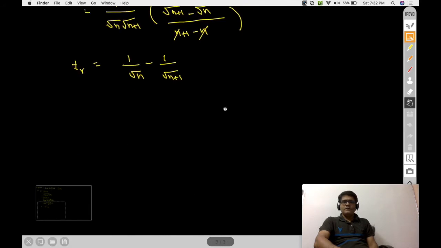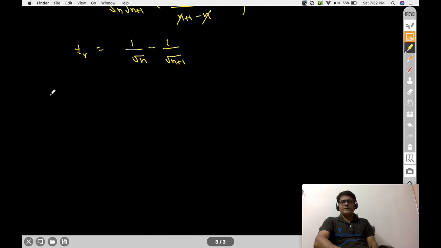Now our requirement is the sum of n terms. Sn is the sum of n terms, which is sigma r equal to 1 to n of tr, that is t1 plus t2 plus t3 etc. up to tn. If this is tn, if you replace n with r, that would be tr, with r equal to 1 to n.